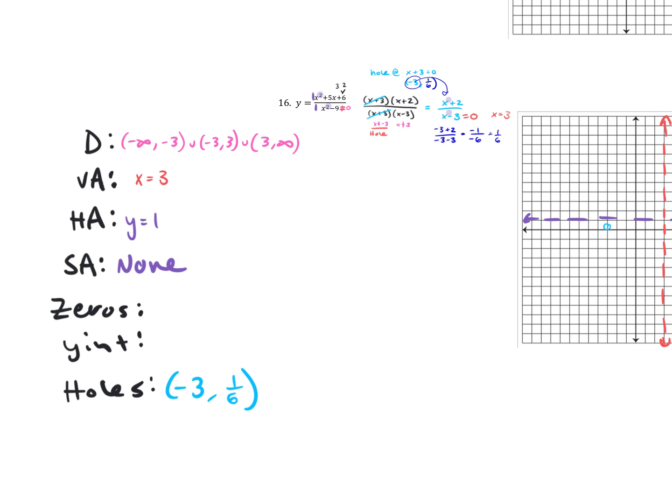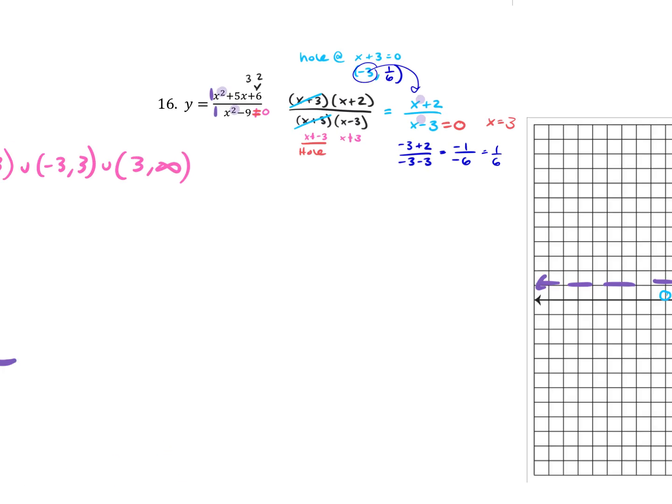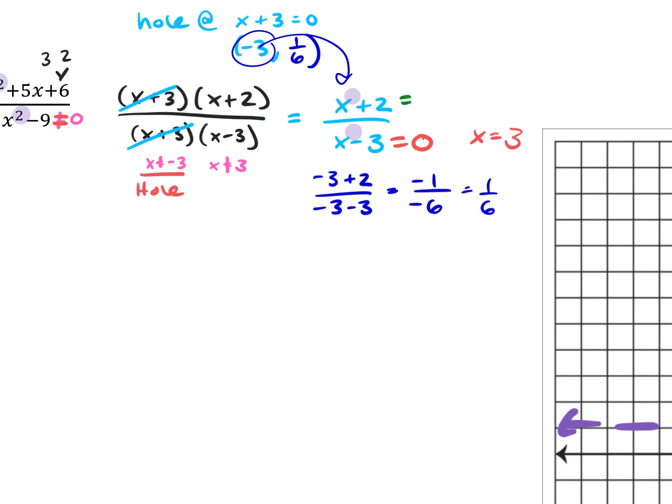What would we do to find the zeros? Set the numerator equal to 0. Perfect. So here we just set the simplified version equal to 0, because we're also not going to have a 0 through our hole, because our graph is undefined at that value. So we just set the simplified one equal to 0.